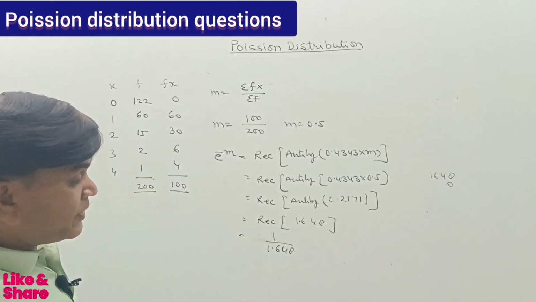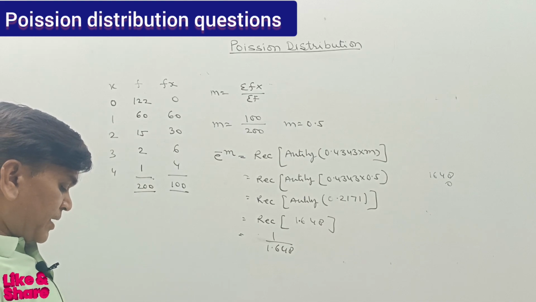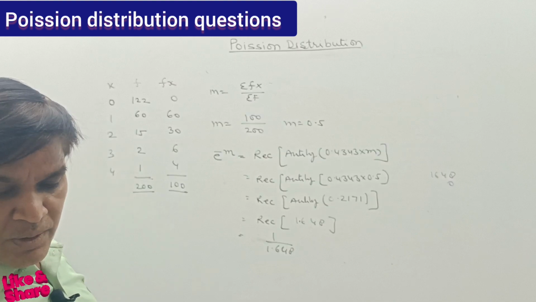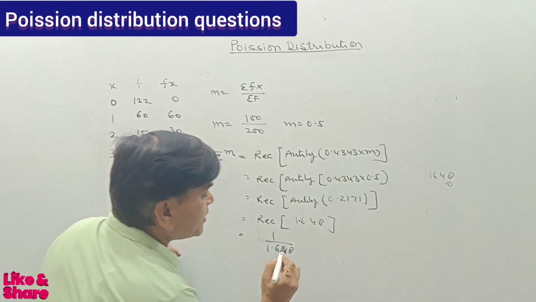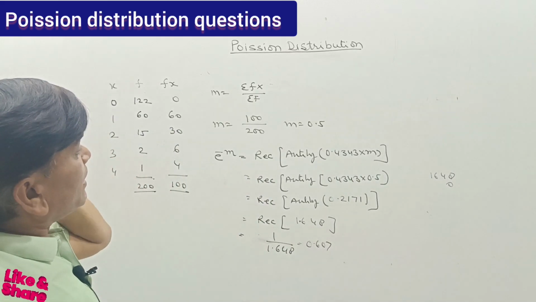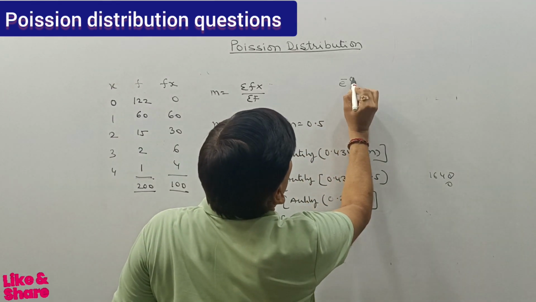1.648, so this value will be 1 divided by 1.648, that is 0.601607. And this value is also given: e raised to power minus 0.5.